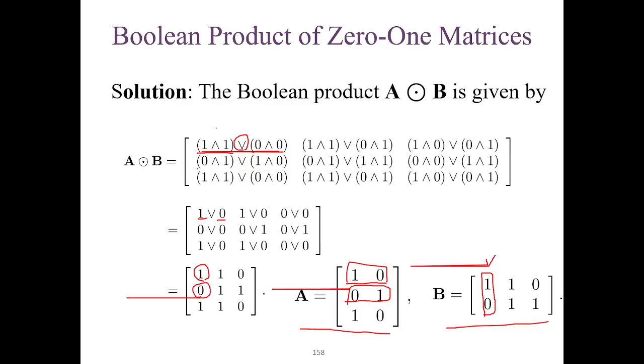Here we have 0 and 1, which is 0, and 1 and 0, which is 0, and we OR the results, which is also 0. So the concept of the Boolean product is very similar to the multiplication of normal matrices A and B. Just replace the addition and multiplication with OR and AND, and it will be the Boolean product of two 0, 1 matrices.